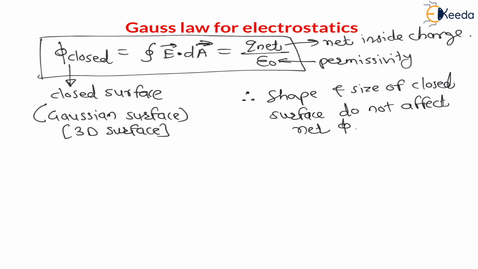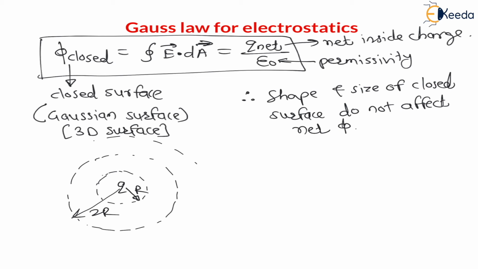Let us say here I consider a charge Q and a closed surface of radius r, or a closed surface of radius 2r, or a closed surface of radius 3r. Now through all these surfaces, the net flux will be the same.